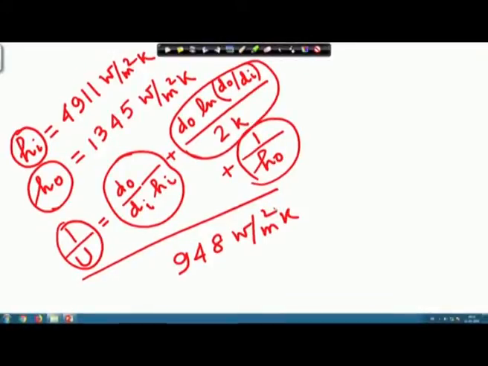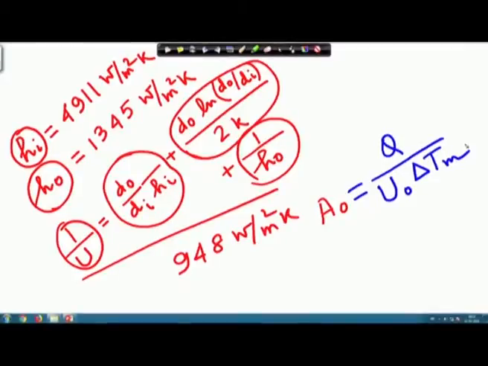Once we know this overall heat transfer coefficient, we would be able to calculate the heat transfer surface area A_0, where A_0 is equal to Q, which we already know, divided by U_0 and the delta T log mean.